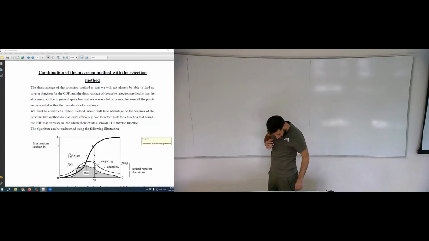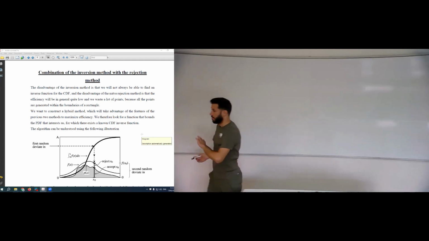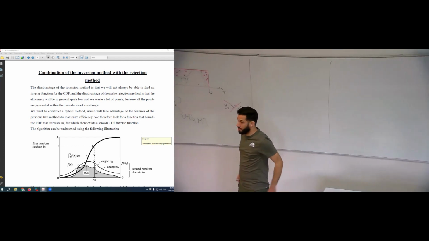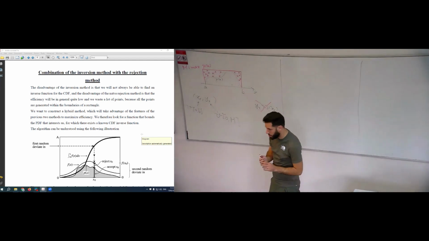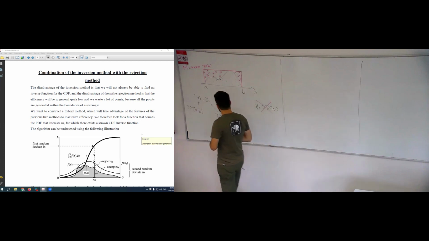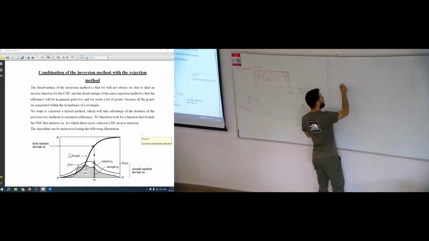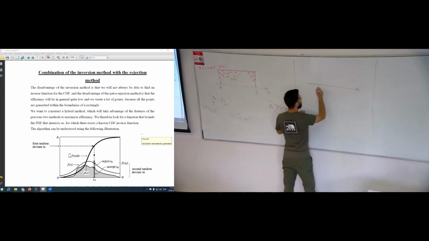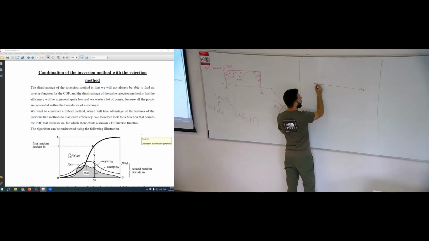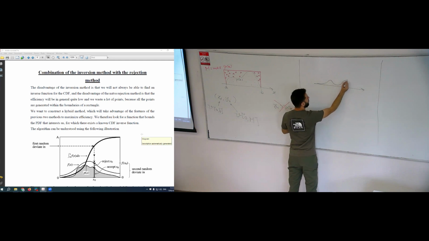Okay. Now we have a hybrid method that combines the inversion one and the acceptance and rejection one. And it is good, for example, for a function that is like this.